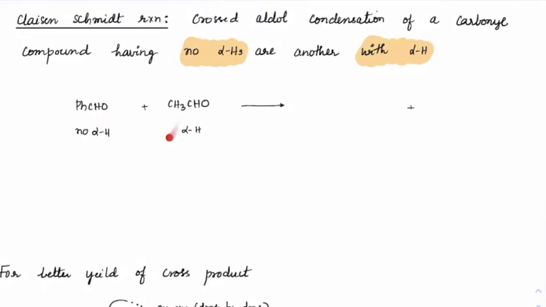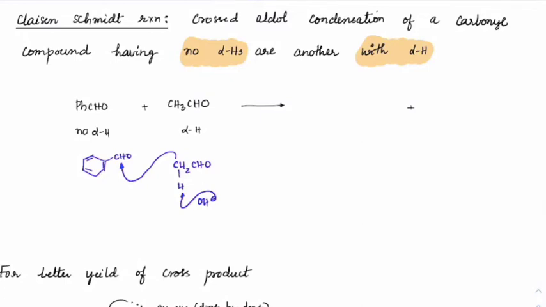So in these two also, this does not have any alpha hydrogen, which is benzaldehyde. So in benzaldehyde, you would see this form, right? So this does not have any alpha hydrogen. But here on this aldehyde, we will see it has alpha hydrogen. So this alpha hydrogen has to be removed with OH minus, right? And a carbanion is formed, which has to attack on this CHO.